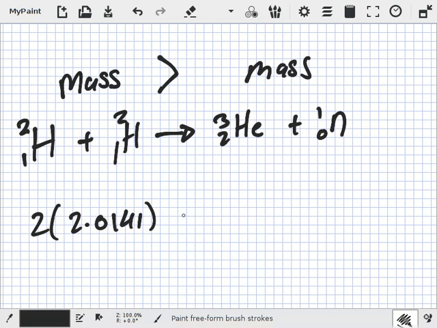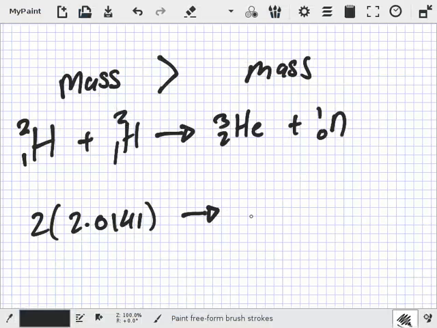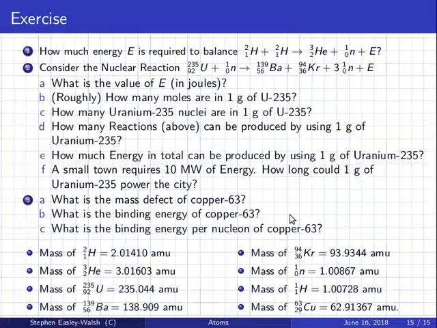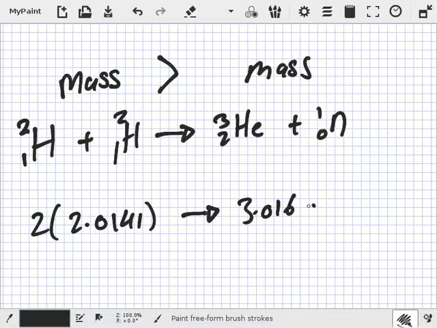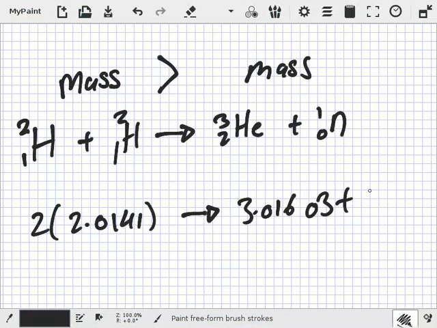And then your helium plus a neutron, 1.00867. So has anybody worked out what the mass deficit, or the missing mass, is? Yeah, the difference between the two sides here.